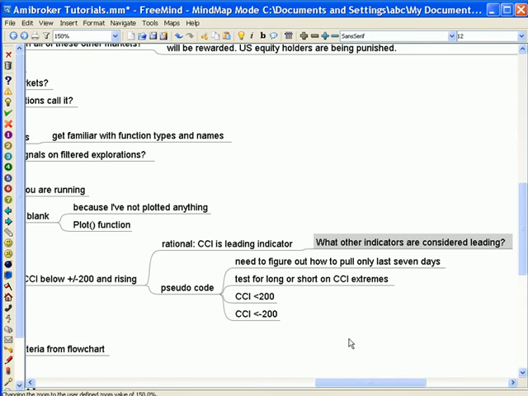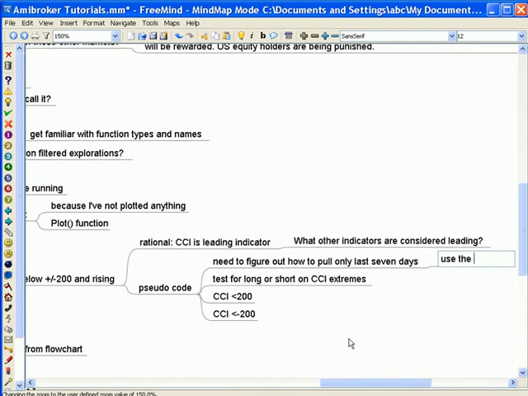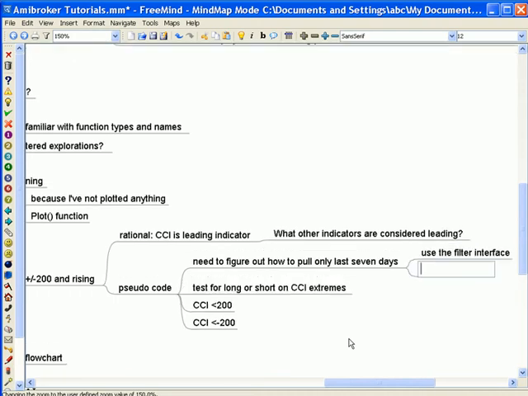I need to know what other indicators are considered leading. And I just figured that one out. Use the filter interface. How do I do it programmatically?